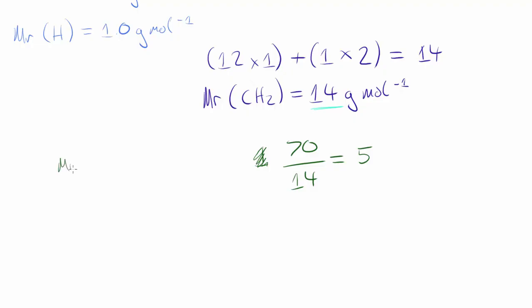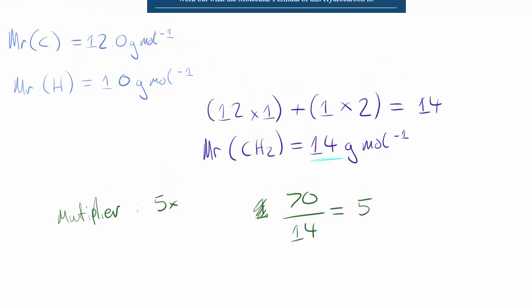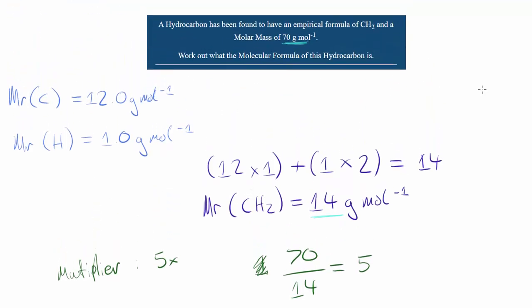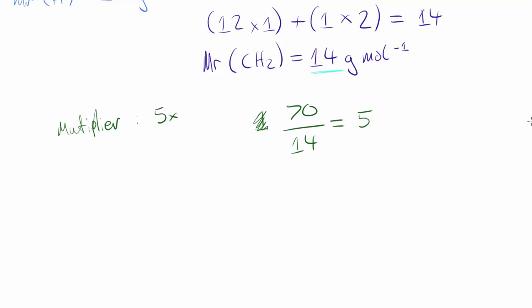So the multiplier is going to be 5x. And what do we need to do? We use that multiplier and apply it to each of the constituent atoms that appeared in the empirical formula. By doing that, we scale up the empirical formula to get to the molecular formula.